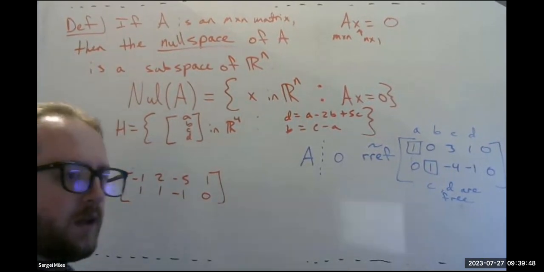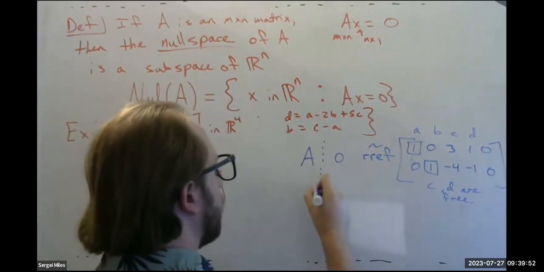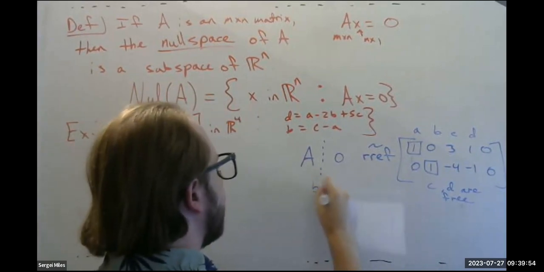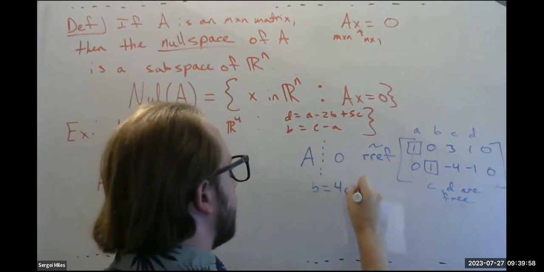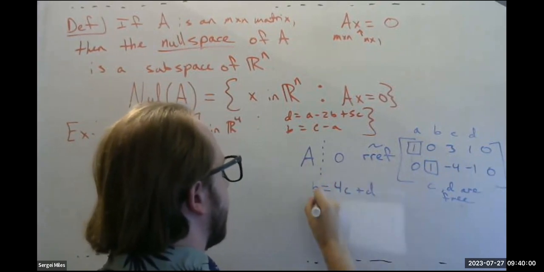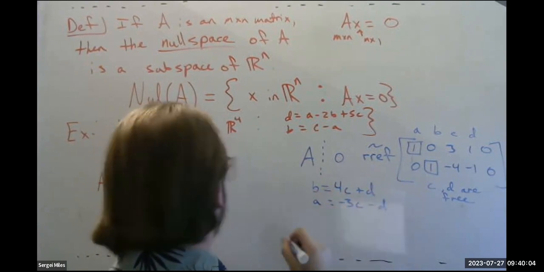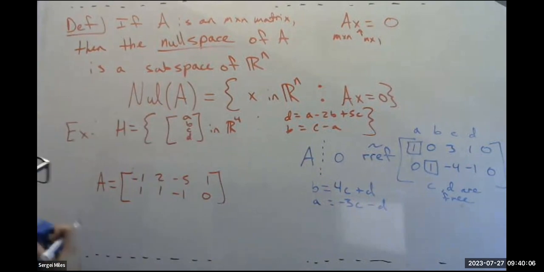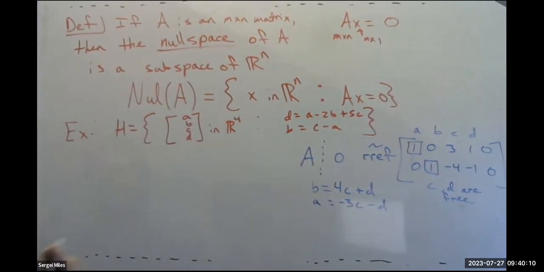So what's the next step? I need to figure out what my vector is. Well, what's B? B equals, if I add these over, 4C plus D, and A equals negative 3C minus D. And now I can construct what this vector is.